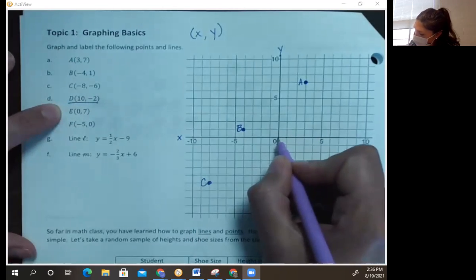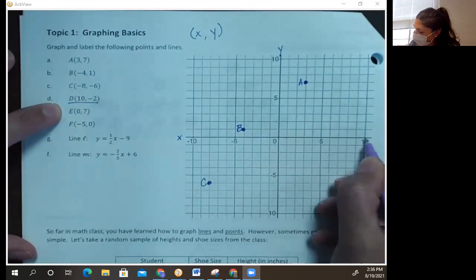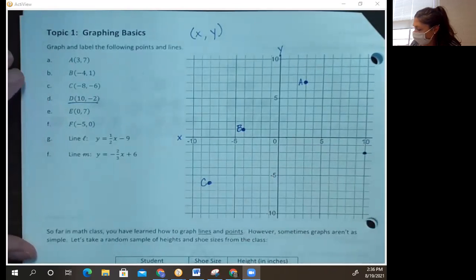So I'm going to move to the right 10 units on the x-axis and then down 2 units on the y. There's my point D.